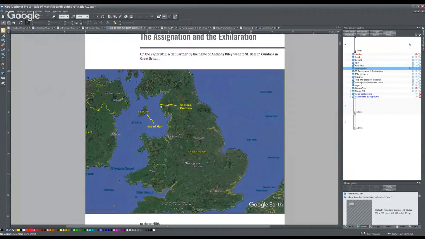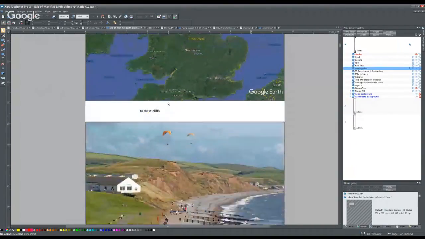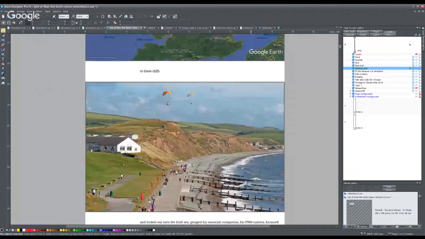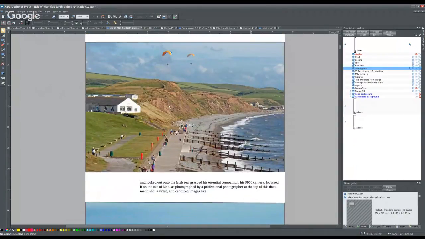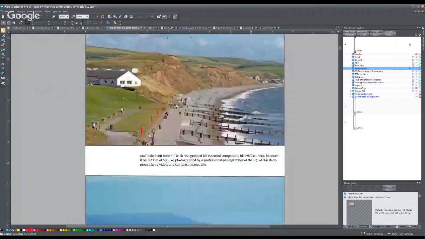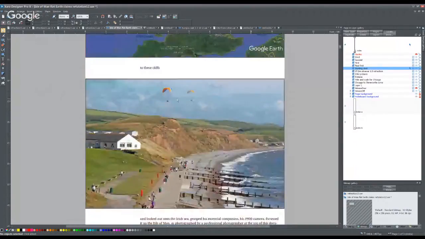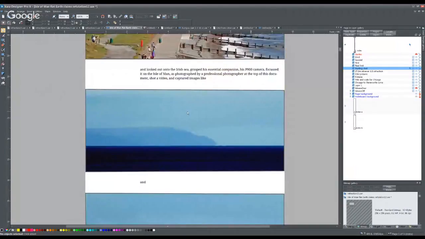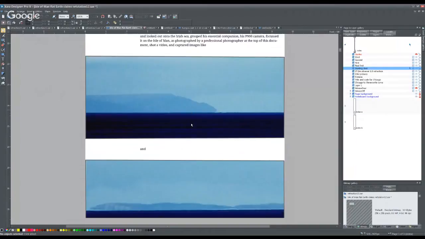They took a picture of the Isle of Man, and a video, and they went to these cliffs in St. Bees in Cumbria, went up the area around here, took an image, and took a video of the Isle of Man from there, and they managed to get in their video images such as these of the Isle of Man.